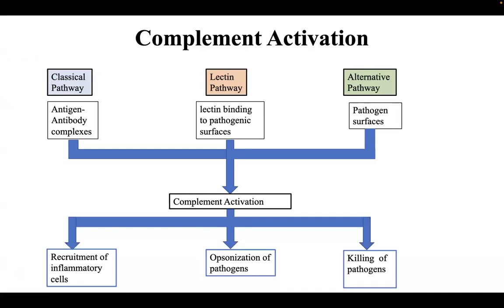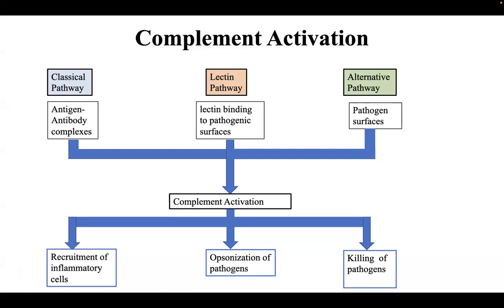Or it might do opsonization of pathogens. What is opsonization? This is also an immune system process that uses opsonins, which are proteins, to tag the foreign invader. It will go and tag the foreign invader so that it can undergo phagocytosis.